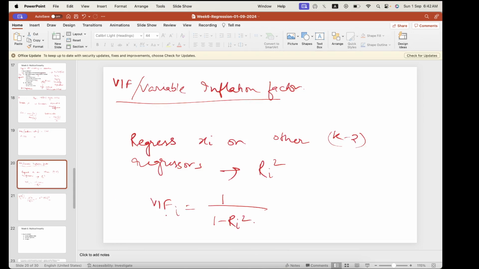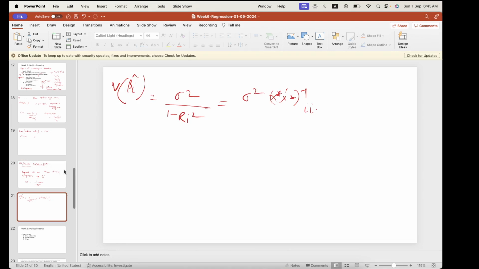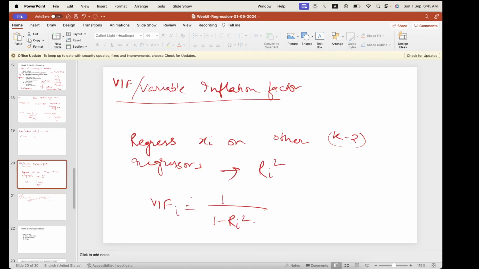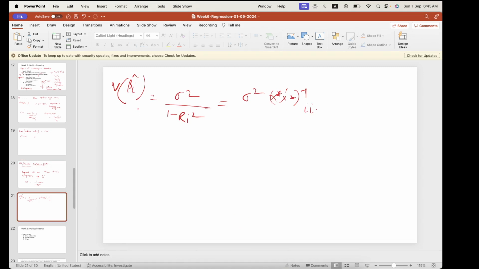So VIF I is 1 by 1 minus Ri square, and this is the variance inflation factor, because the variance of beta I, sigma square, is getting inflated by 1 by 1 minus Ri square. So this will go to infinity as Ri square tends to 1.